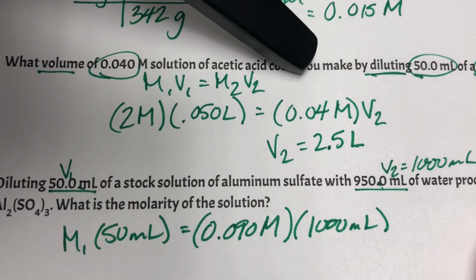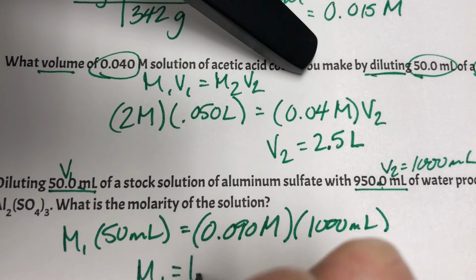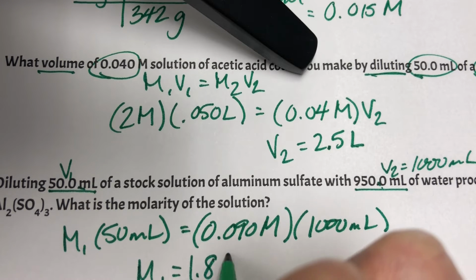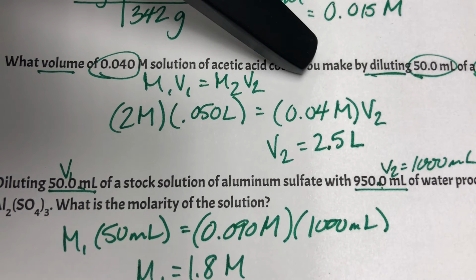So my new volume is 1,000 milliliters. So 0.09 times 1,000, and I divide that by 50. So my molarity is 1.8 molar of the aluminum sulfate.